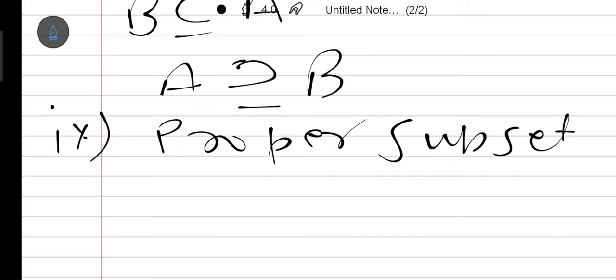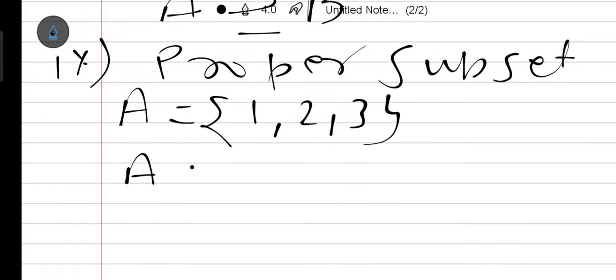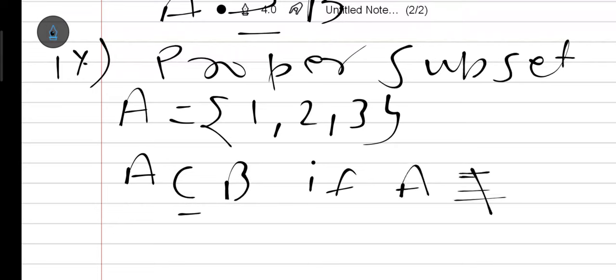If this equality sign is neglected, meaning A is not equal to B, then it is a proper subset.